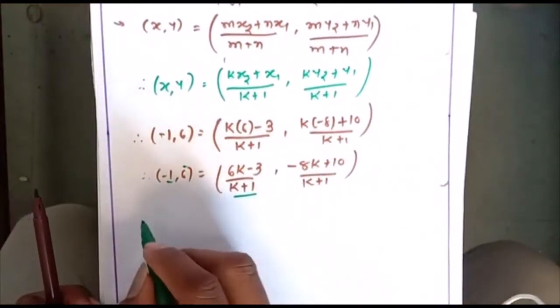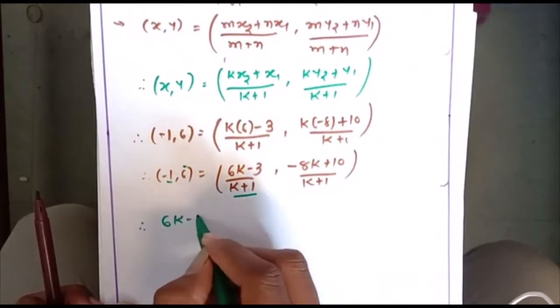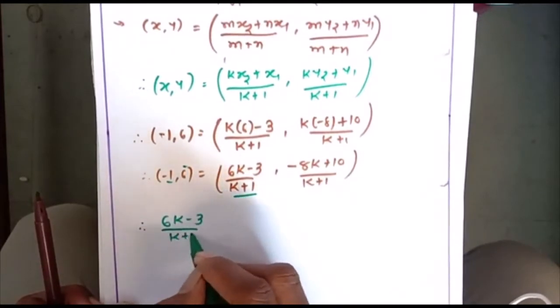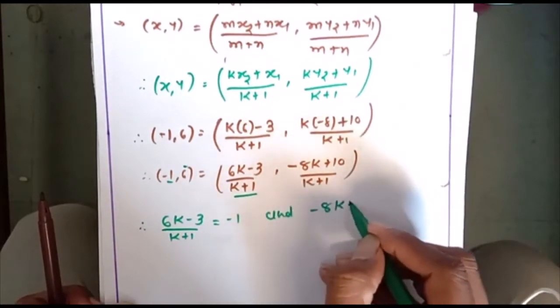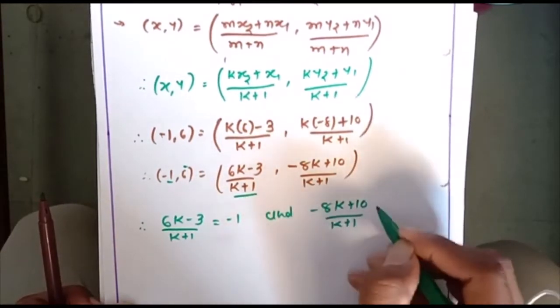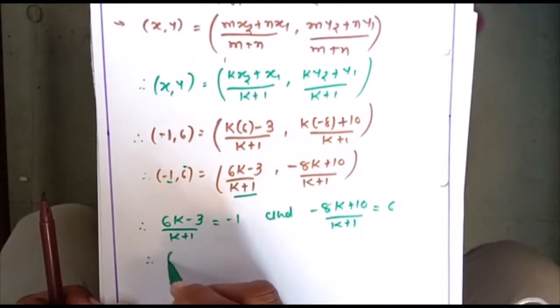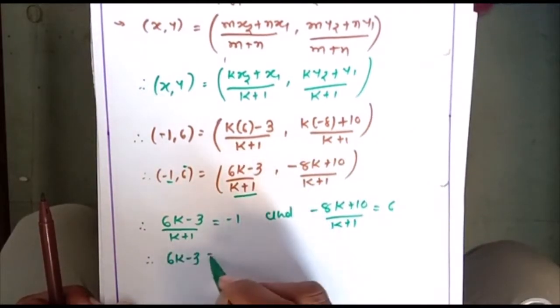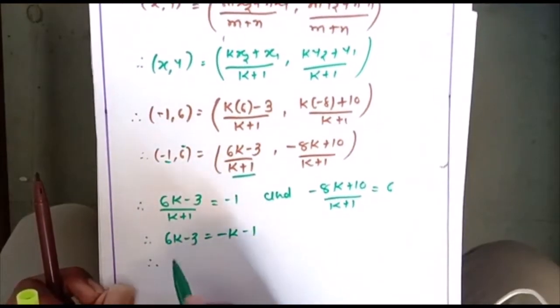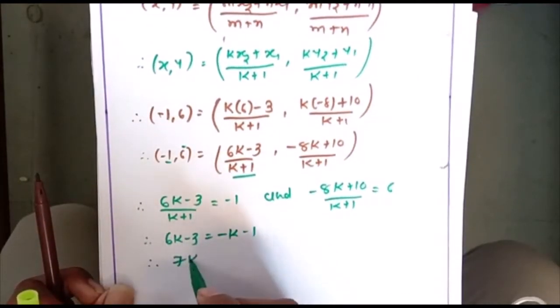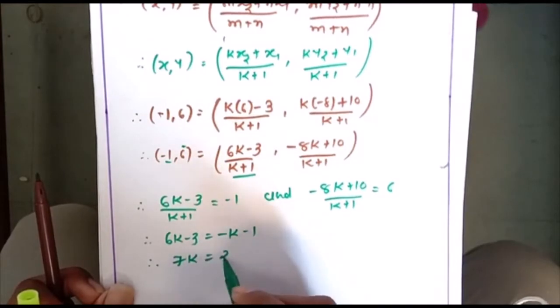So first we compare the x coordinate. (6k minus 3) divided by (k plus 1) equal to -1, and (-8k plus 10) divided by (k plus 1) equal to 6. Side change: 6k minus 3 equals minus k minus 1. So 6k plus k is 7k, 3 minus 1 is 2.